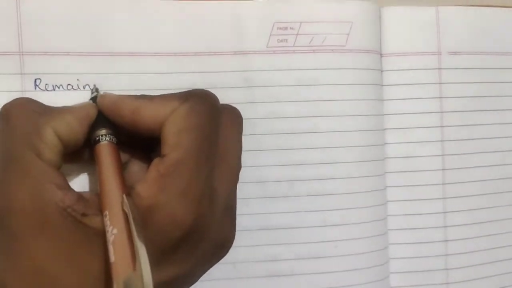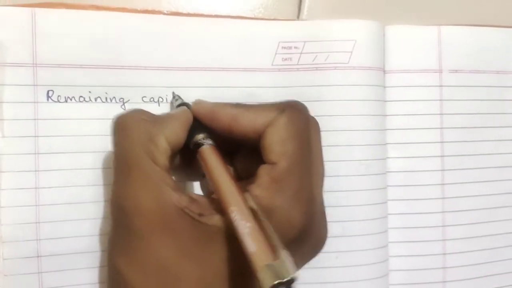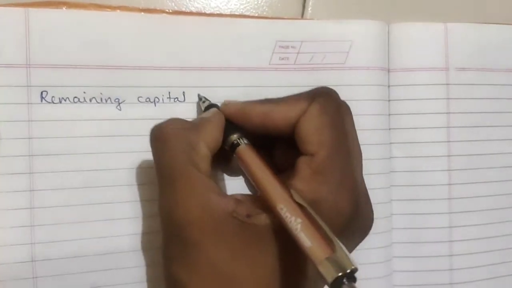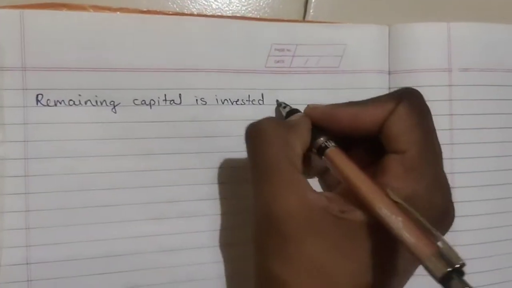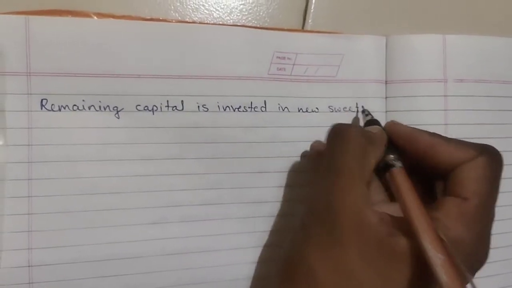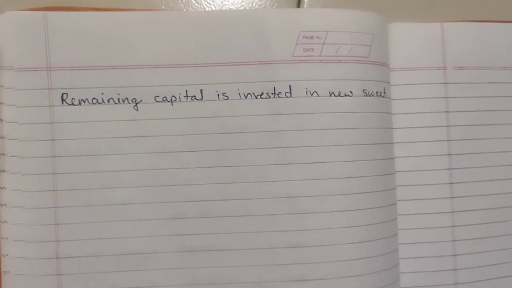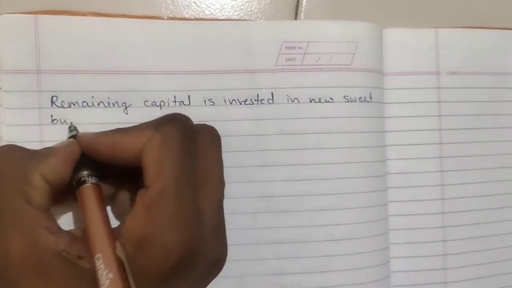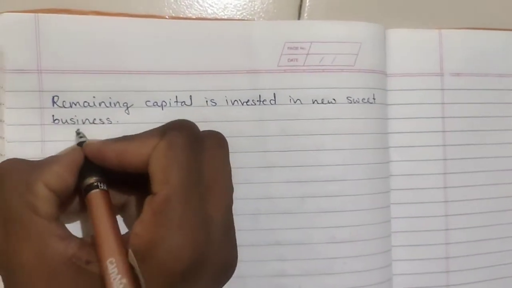So what is the next line? Remaining capital is invested in new sweet business. And then he made profit.